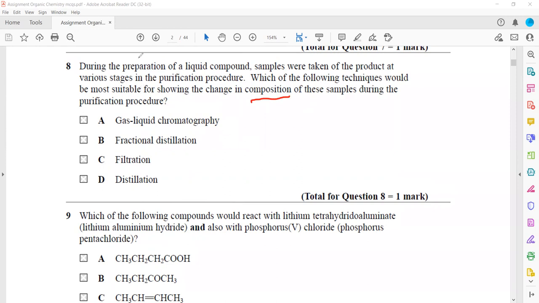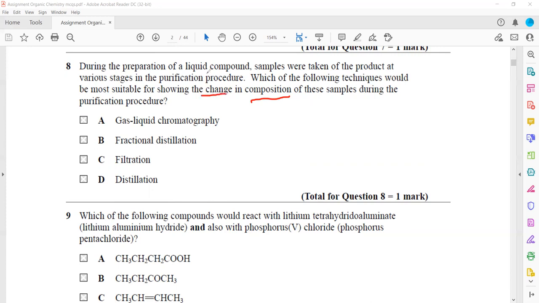Like how we can identify the sample has changed or contains different components. So we take samples from the product at different stages in the purification procedure.